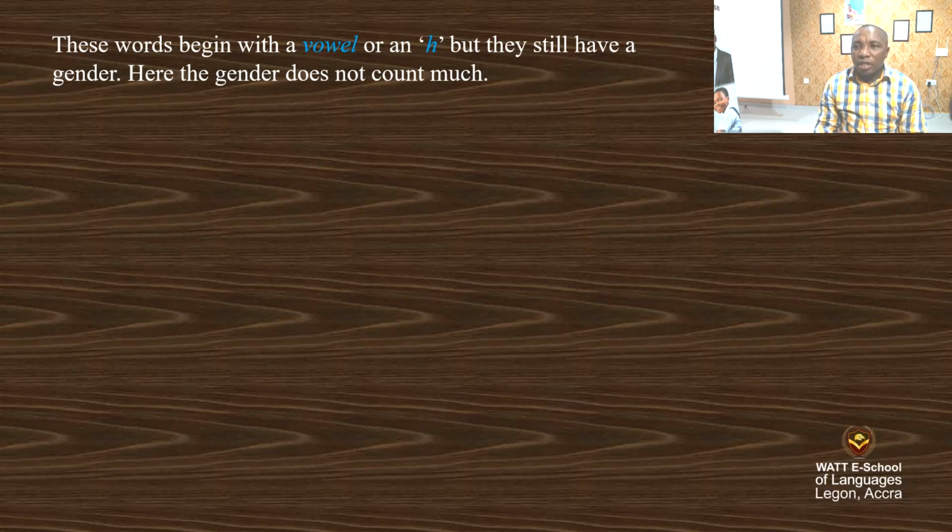You see their gender when you change the definite article with an indefinite article. But so far as we are dealing with definite articles, you will not see the gender here. It's only the beginning of the word that counts. So henceforth, if you want to use the l'apostrophe with the words, only check the beginning of the word. If the word begins with a vowel in a singular form, no problem about it.